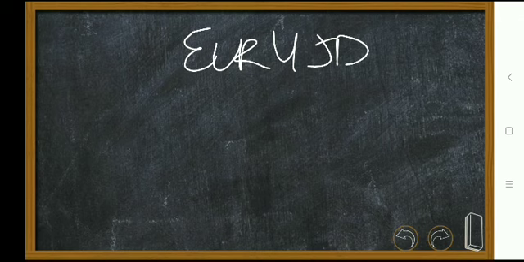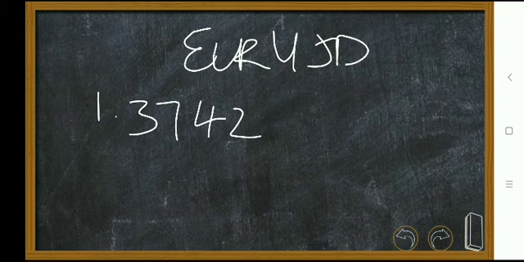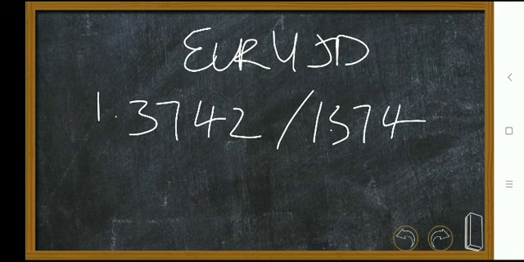We have Euro USD. We have two prices. What you will see right now is that these prices have a difference in pips.